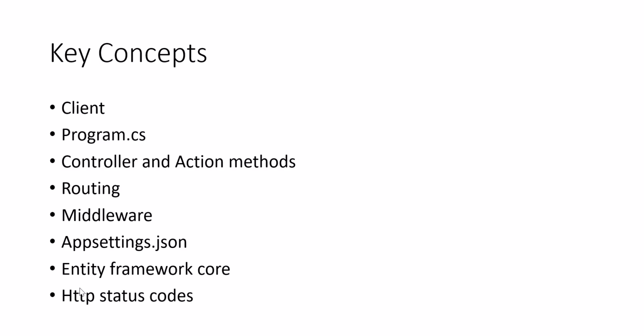So next is the HTTP status code. HTTP status code is something that the server returns back to the client or the calling application in the response, indicating what is the status of the request. There can be various HTTP status codes.